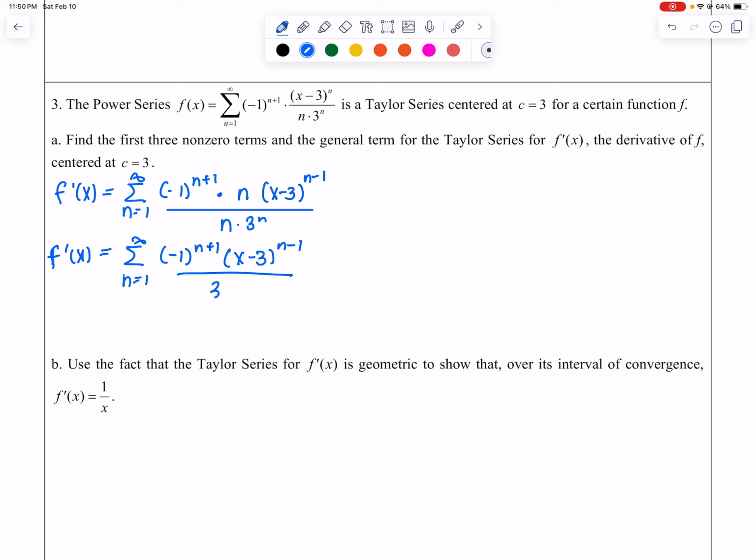And what we just found is the general term. This right here is my general term. We will eventually rewrite this again because we want to find the first 3 non-zero terms.